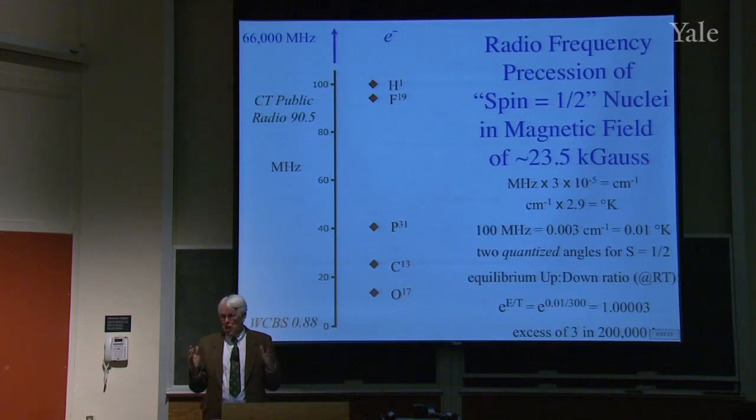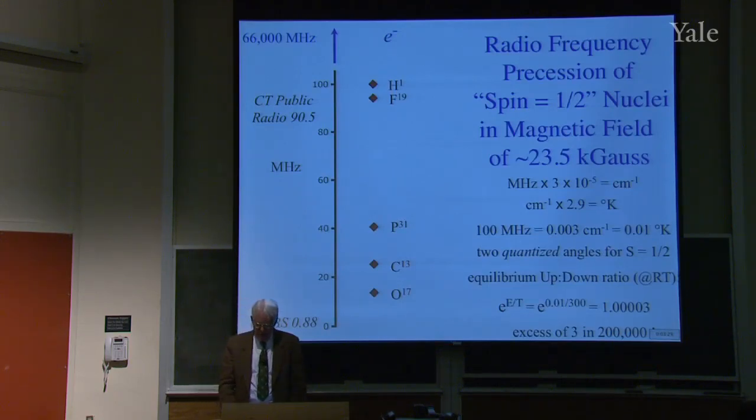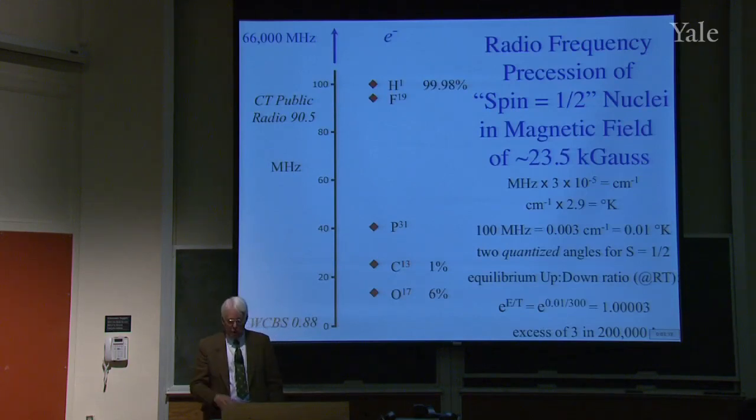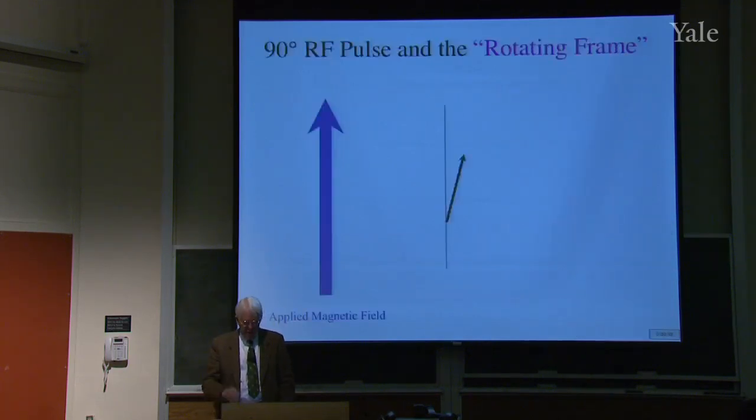It's really, really wimpy, the Boltzmann factor, the energy difference between those. Okay, and O17 occurs at 6% in natural abundance and C13 at 1%, but these others, like protons, are 99.98% and only 0.02% deuterium. Okay, now this is a really neat concept, the rotating frame.